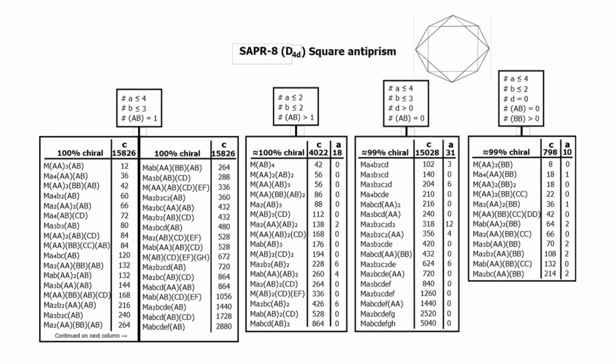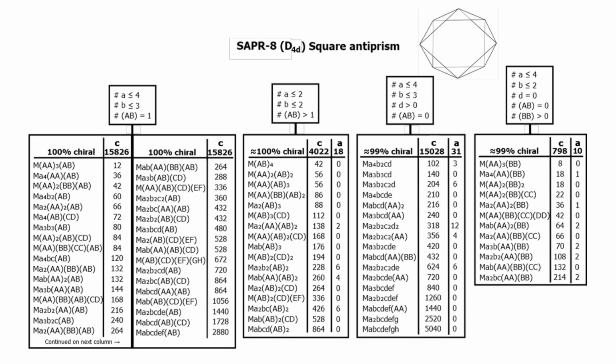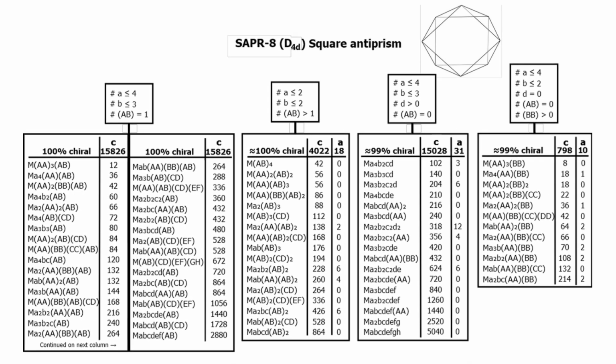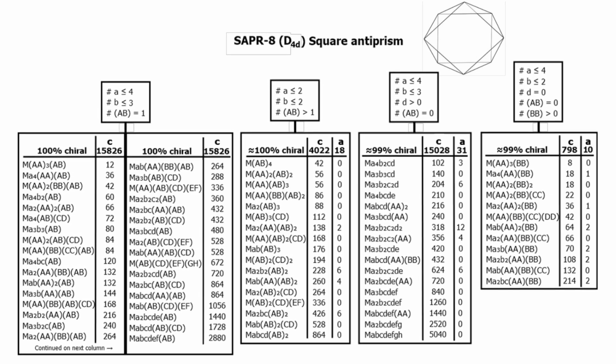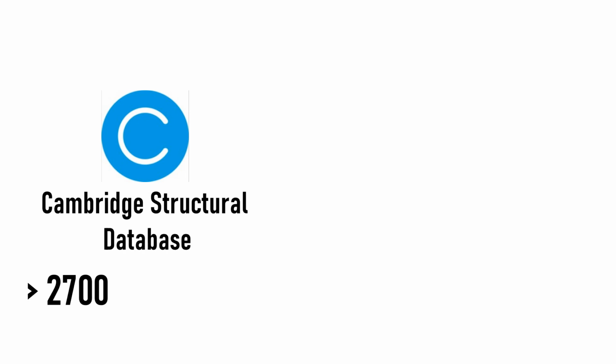In fact, for SAPR8, large clusters of generic formulae exist where coordination chirality is virtually intrinsic, with the probability of chirality-at-metal at or above 99%. But are these theoretical predictions supported by real data? We searched the Cambridge Structural Database and analyzed over 2,700 crystallographic structures of lanthanide compounds.